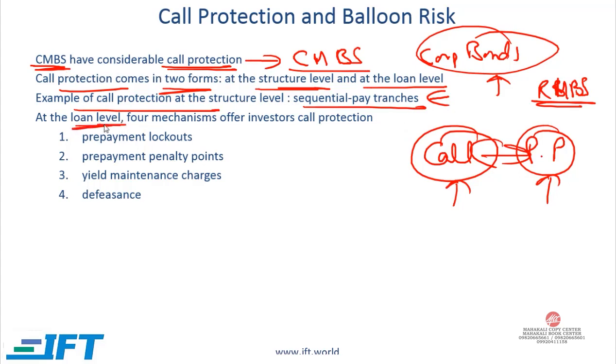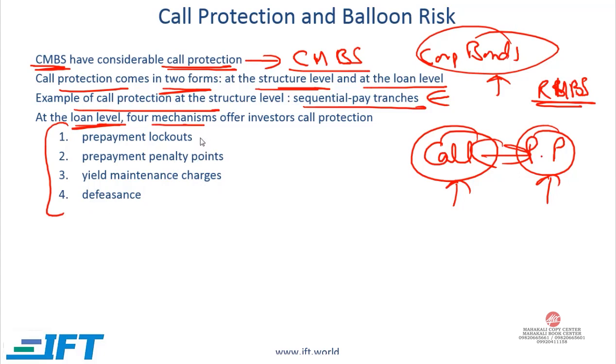Call protection can also happen at the loan level, and there are four mechanisms that you need to be aware of. I want you to remember these four: prepayment lockouts, prepayment penalty points, yield maintenance charges, and defeasance. You also need to just know one or two lines about each of these.